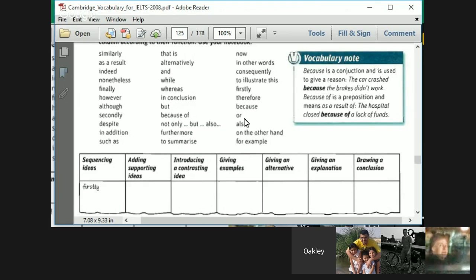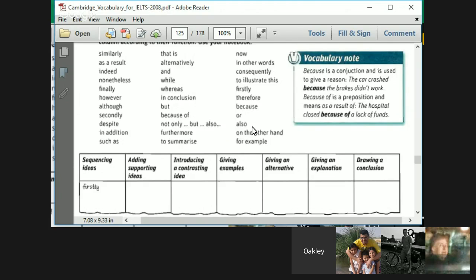Okay. Michael, or. Introducing a contrasting idea. No. Alternative, yes. Alternative, yeah. This or that. Salt or pepper. I like salt and pepper, both. Okay, Nasser, also.